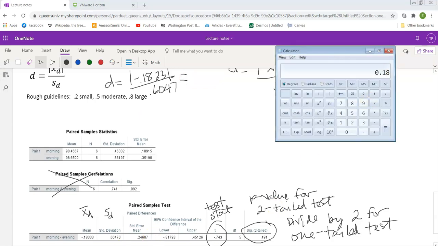So that's positive 0.1833 divided by 0.6047. So 0.3031.